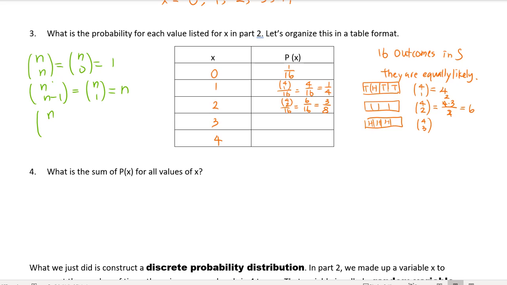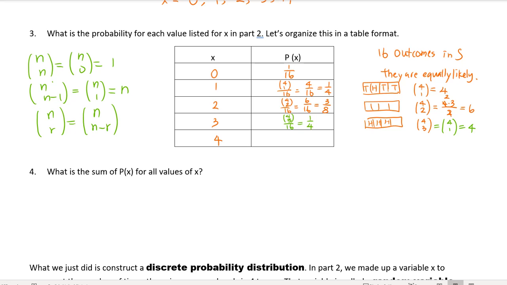Then in general, n choose r equals n choose n minus r. So in this case, 4 choose 3 is the same as 4 choose 1, which is 4. So 4 choose 3 over 16 is the same as 4 choose 1 over 16. So we'll get 1 over 4.